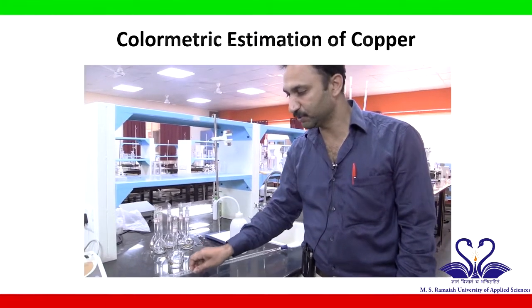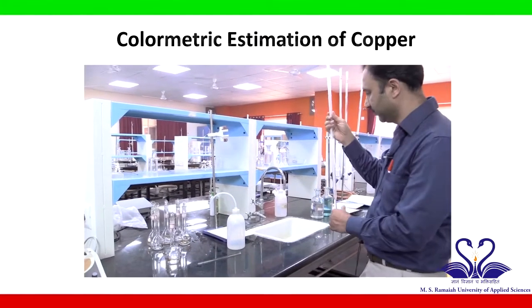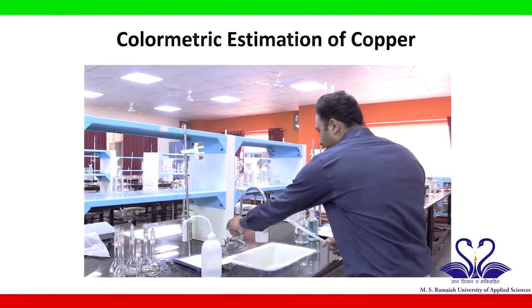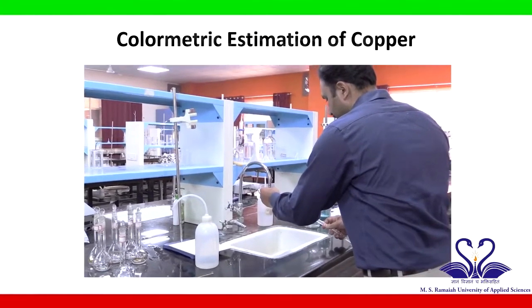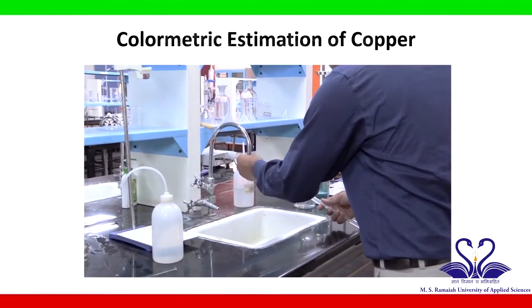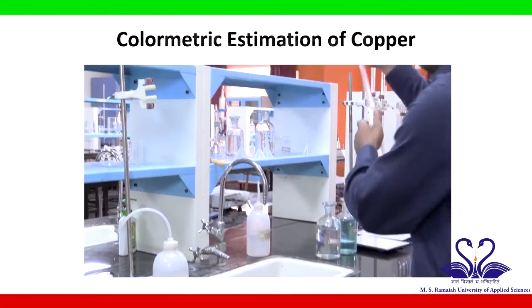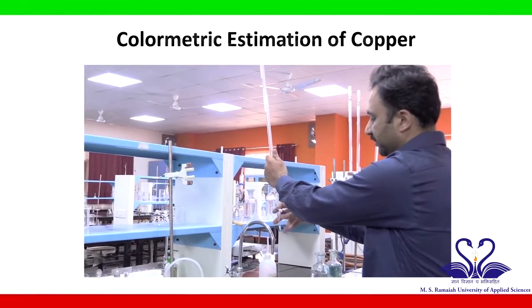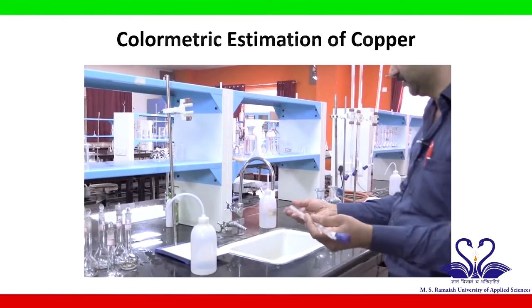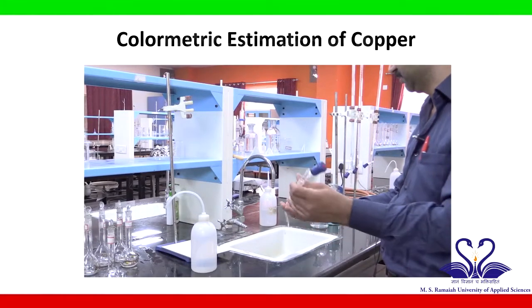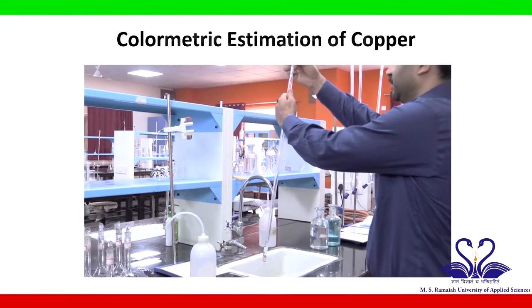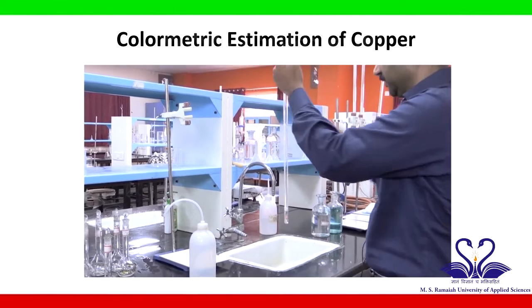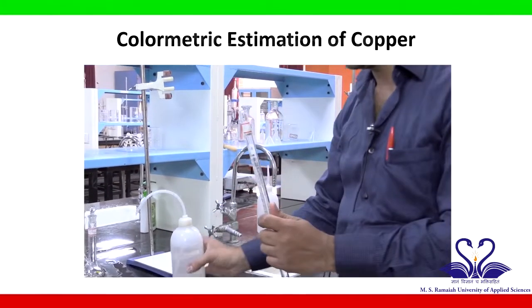The burette also should be washed with the tap water on both the sides, so you have to release it. And then rinsed with the distilled water.